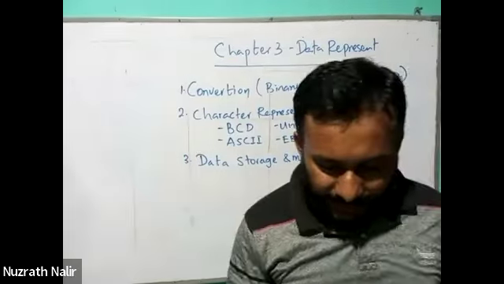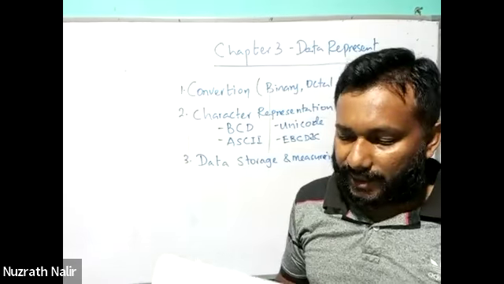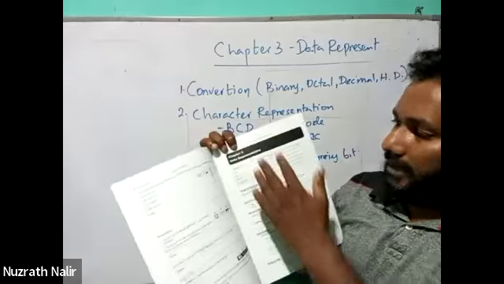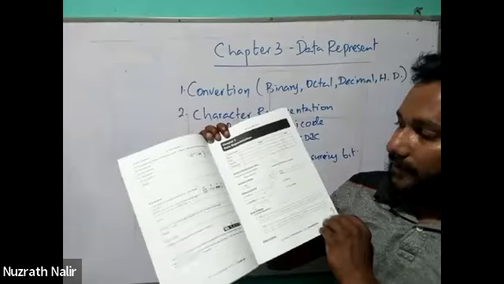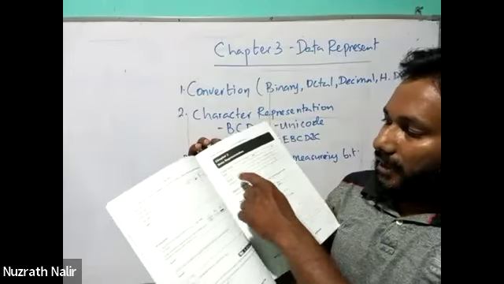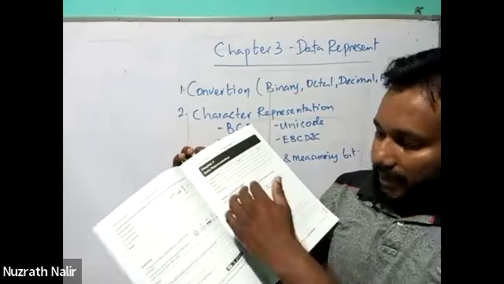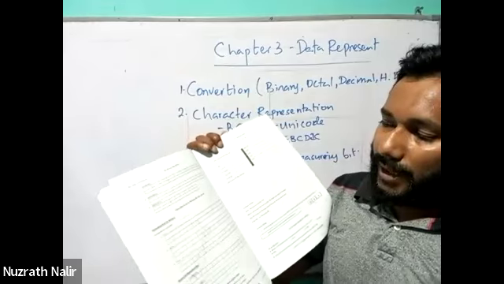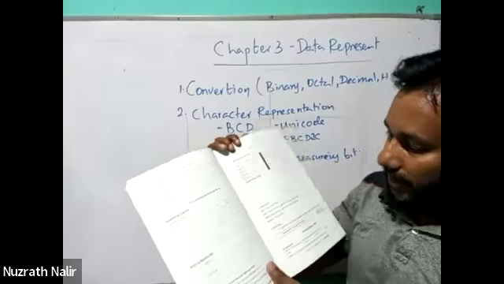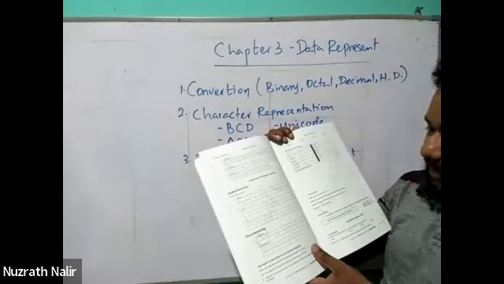And content-wise, there are categories here. Page number 3, page number 25, the contents are there. That's what we are going to discuss. Here you can see number system and the conversions, and here hexadecimal to binary, and thereafter coding system.